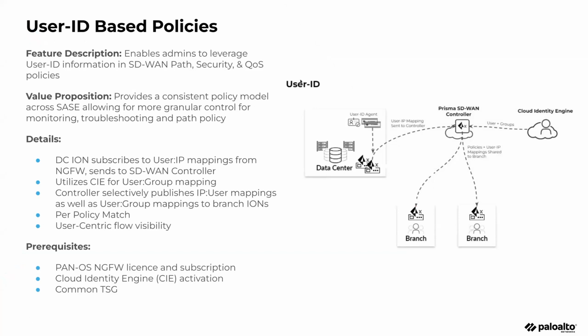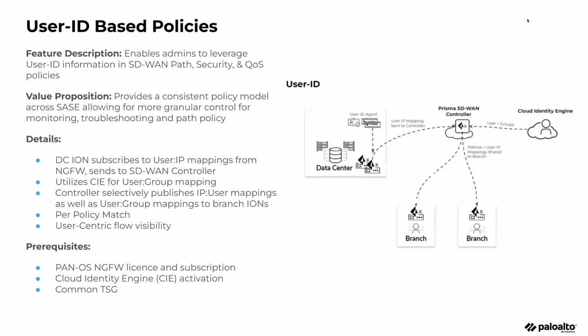User ID is a technology where many of you probably know this if you've used NGFWs previously, where you can leverage user ID-based policies and identification to give a granular level of control, visibility, and accounting for how we do policy enforcement. From a Prisma SD-WAN perspective, we leverage user ID and get the information from a couple different points in the network.